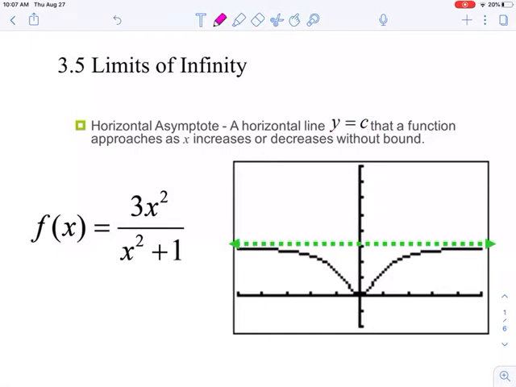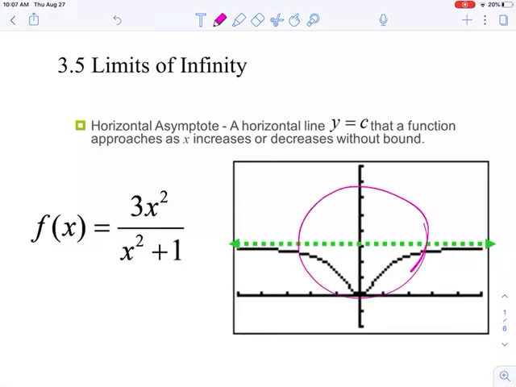So let me just remind you that a horizontal asymptote is a line y equals c that our function is going to approach as we go towards infinity or negative infinity. Okay, and I know it's been a while since we've talked about horizontal asymptotes.